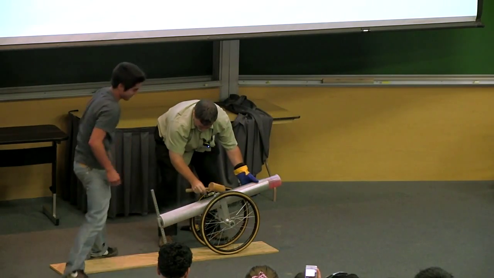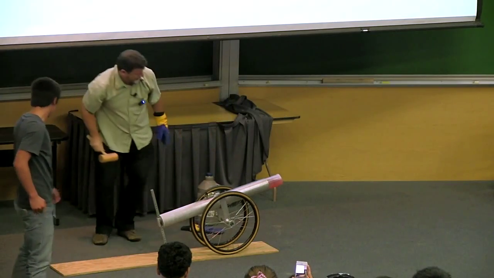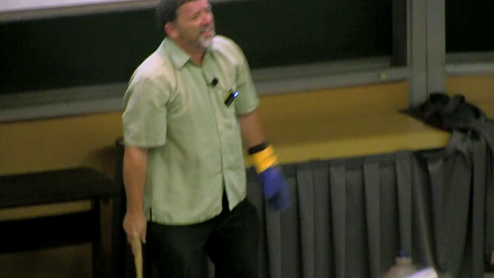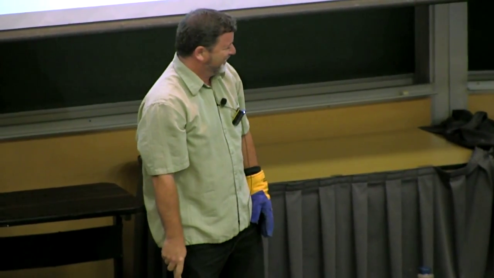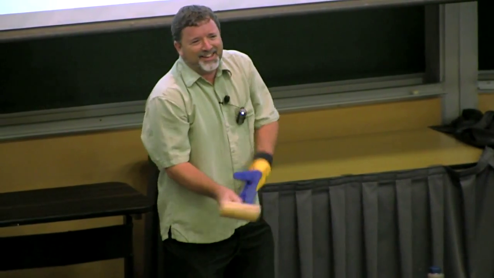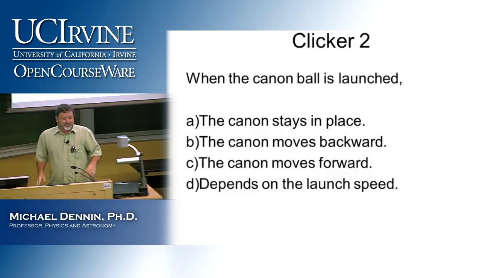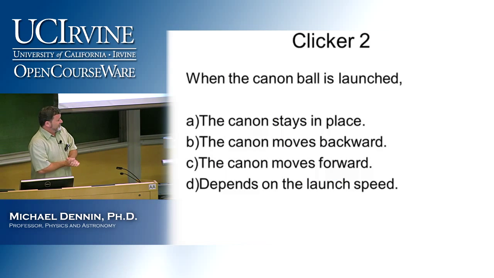Okay, move out of the way. That was just so dramatic. Anyway, all right, well, we're out of liquid nitrogen, but there you go. So the cannon clearly moves backwards at least.